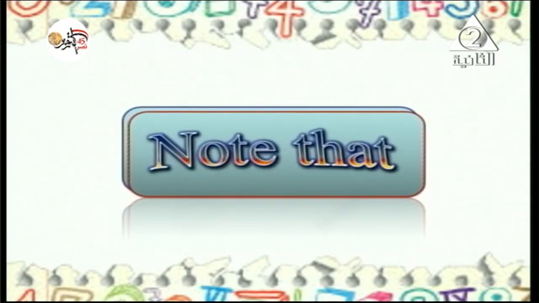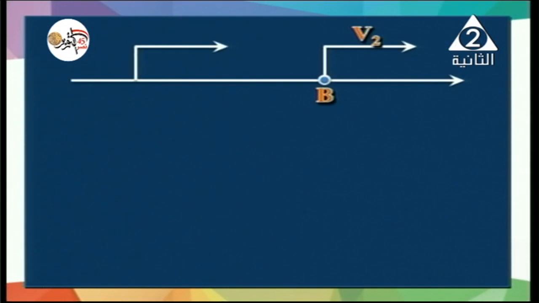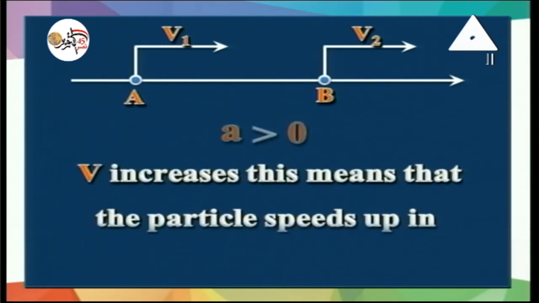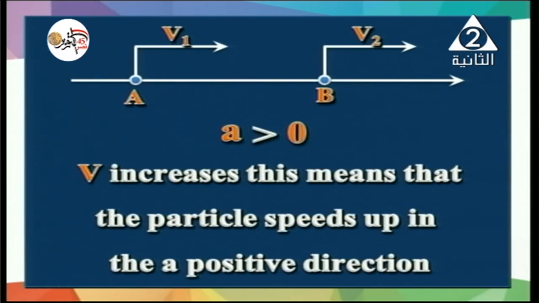My dear student, note that we have two velocities at 2 points or 2 particles, v1 and v2. If a is more than 0, acceleration more than 0, then v increases. This means that the particle speeds up in the positive direction.